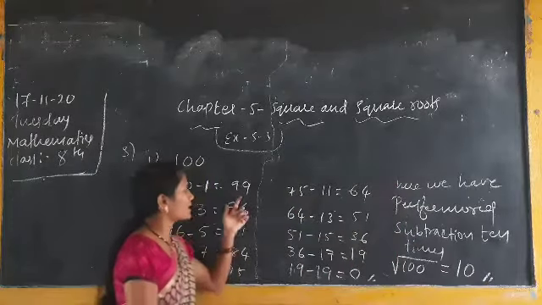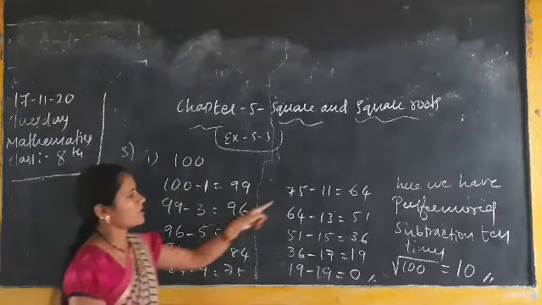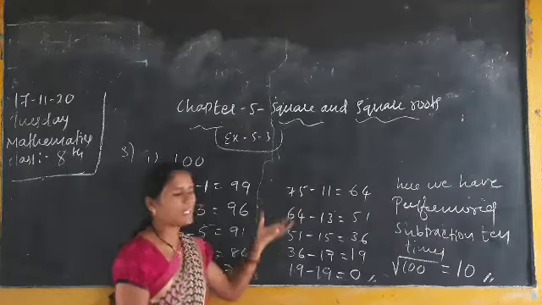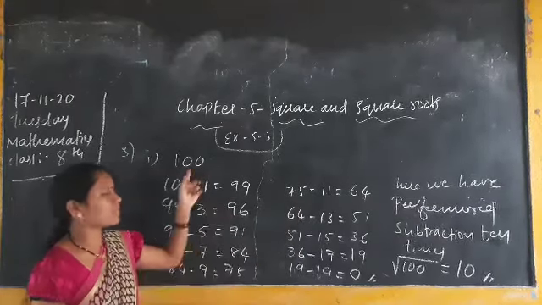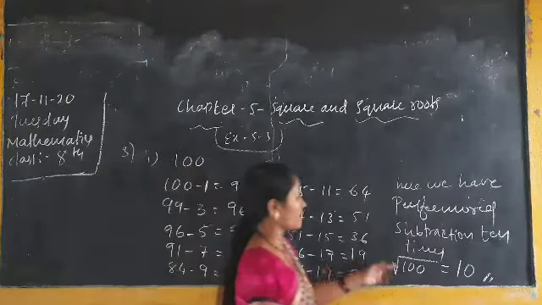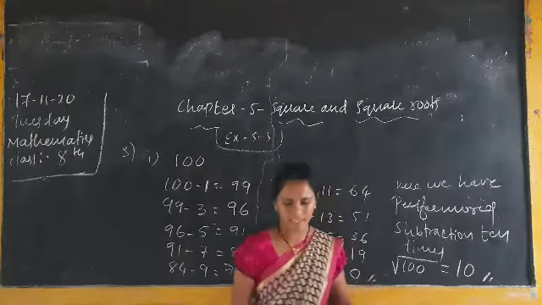You should count and write 1 to 10. In total we subtracted from the number 100 ten times. That's why you should write the square root of 100 is equal to 10.